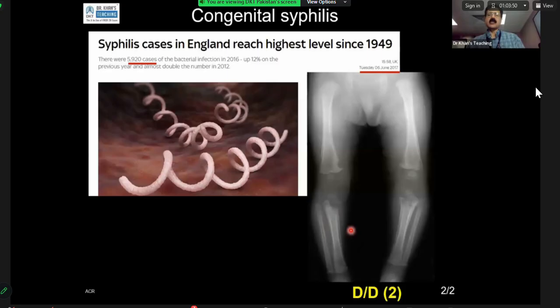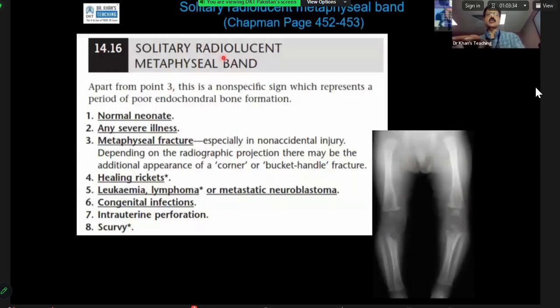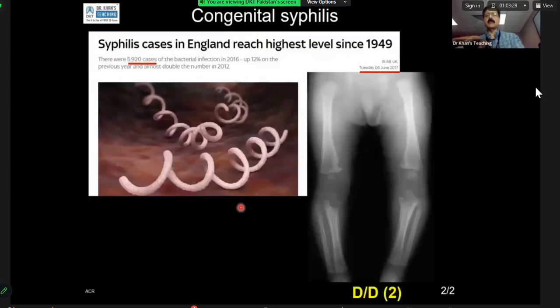And classically in physiological, it doesn't happen like this. And you can see erosion here. If you stretch your imagination, maybe a bit of lucency in the metaphysis. And you remember there is a differential diagnosis here, solitary radiolucent metaphyseal band, and congenital infections is one of them.